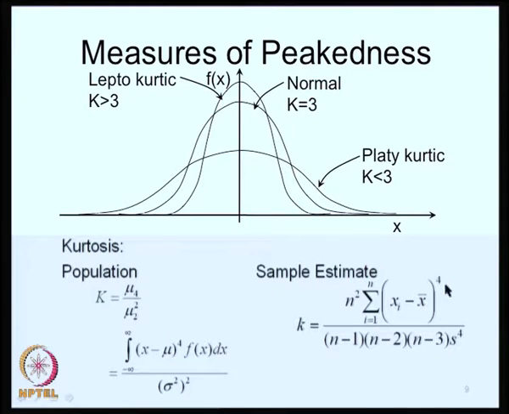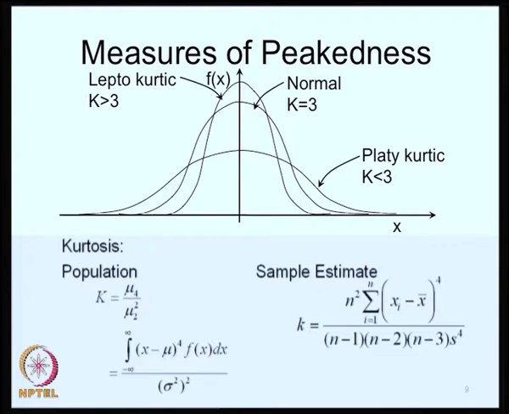So, the sum of x i minus x bar to the power 4 divided by, again here we increase one term, n minus 1, n minus 2, n minus 3, and here we have sigma to the power 4, and therefore, we write it as s to the power 4. So, this is a sample estimate of the kurtosis.